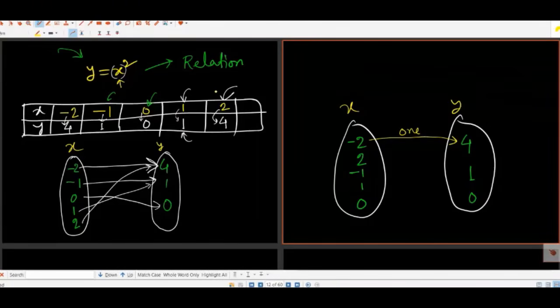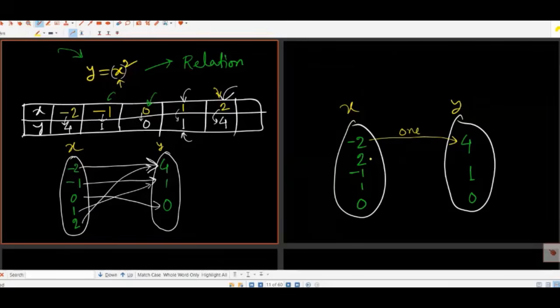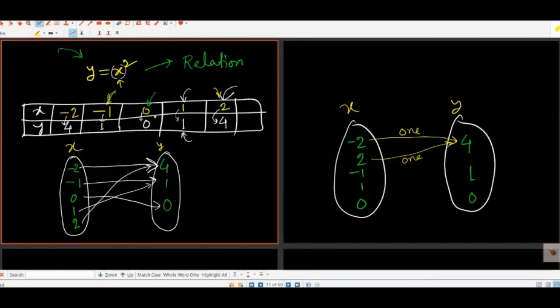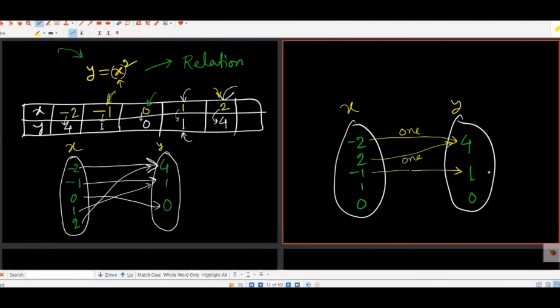Okay. So let's try to focus on 2. For 2, which value have we found for y? Sir, 4. So the number of outputs is again 1, right? Yes, sir. So let's focus on -1. For -1, how many values have we found? 1, and the value is 1. But our target is to check the number of values, the number of outputs. So the number of outputs is 1.